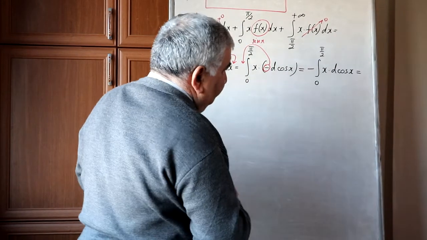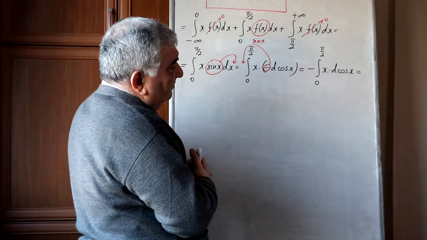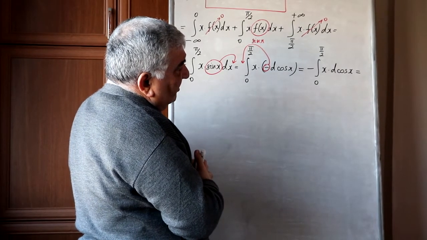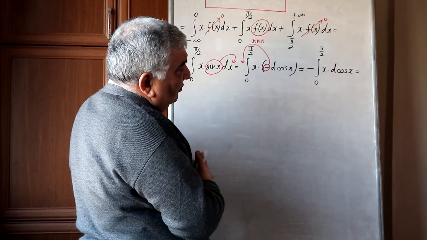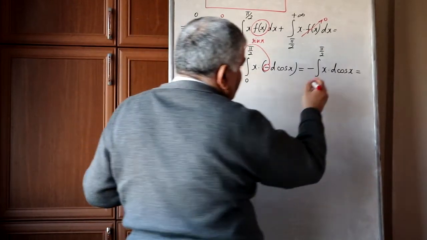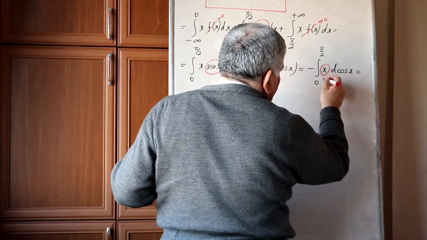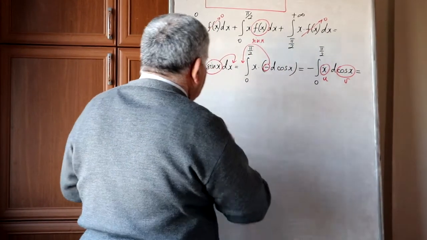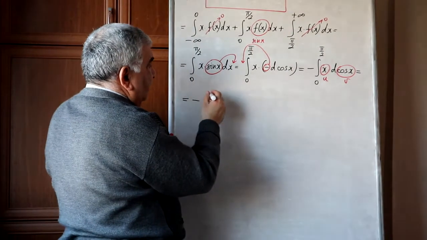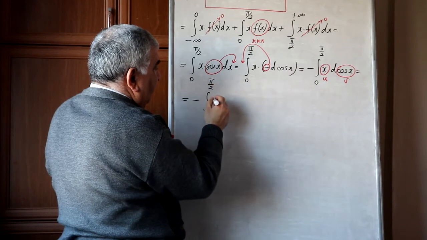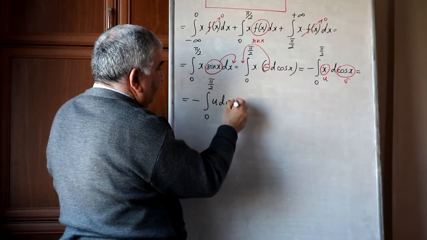Then denote x by u, and cosine x by v. And we obtain the following integral: minus integral from 0 to pi in half of u dv.